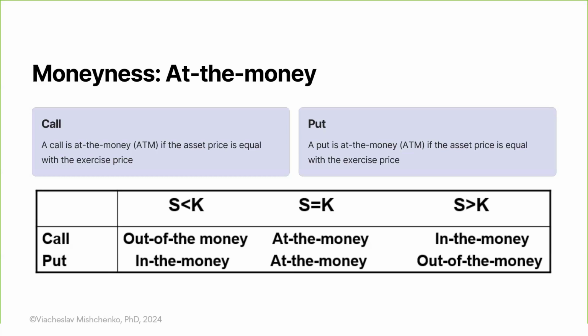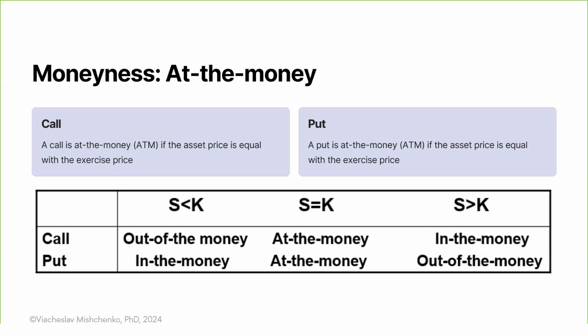For example, for call options, if the spot price is larger than the strike price, it means that it is in the money. If the spot price is less than the strike price, it means that it's out of the money. And for puts, it's the opposite. So if the spot price is less than the strike, then the option is in the money.